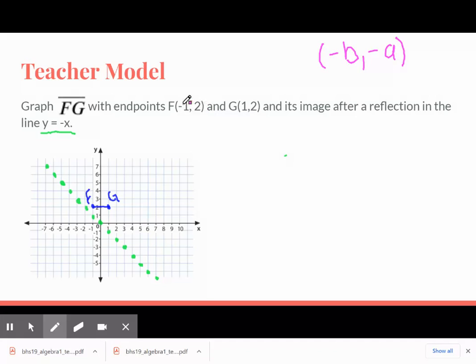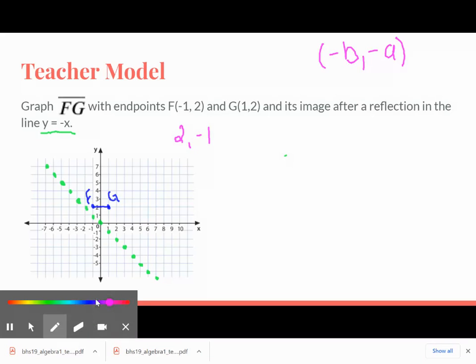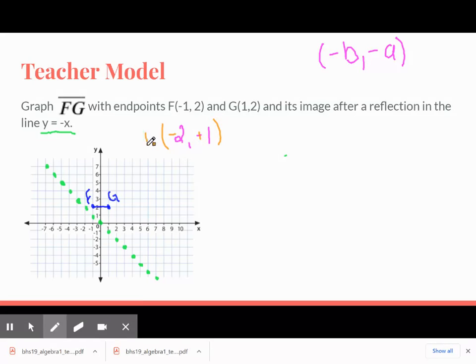F was negative 1, 2. Let's flip it to 2, negative 1. And then after you flip it, now change the sign. So negative 2, positive 1 would be the coordinates of F prime. So I'm going to graph negative 2, positive 1, which is F prime.